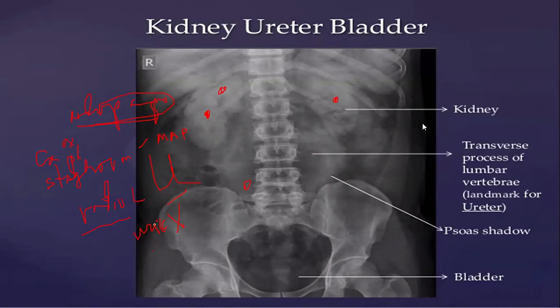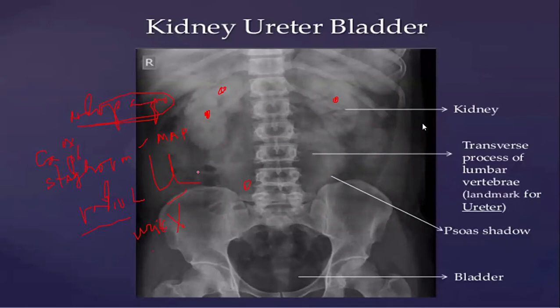Again, give me examples of radiopaque stones which can be seen on X-ray as well as ultrasound: calcium oxalates. Give me examples of radiolucent stones, which you normally cannot see on X-ray but can see on ultrasound: uric acid and xanthine.